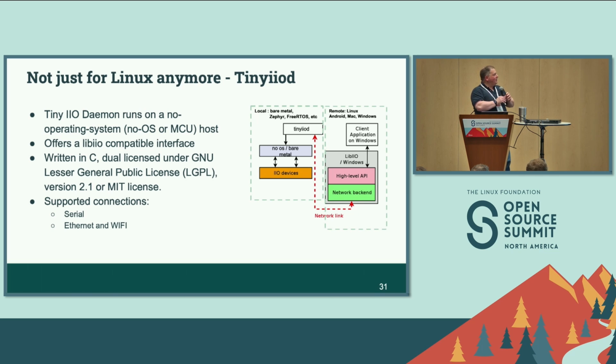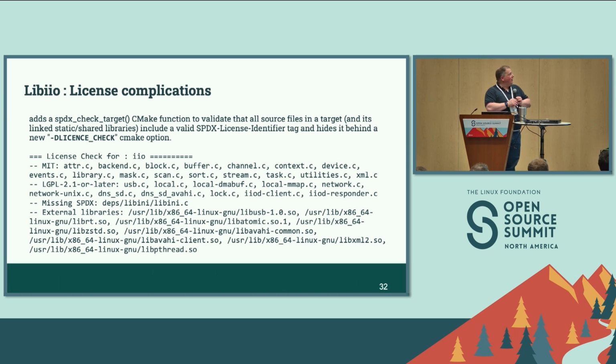It's supported just over serial and Ethernet and Wi-Fi right now, but it does add some complications into LibIIO because depending on how you configure LibIIO, it can turn out to be either an MIT version or an LGPL version. So one of the things that we did, which is still in progress, is a license check CMake option.